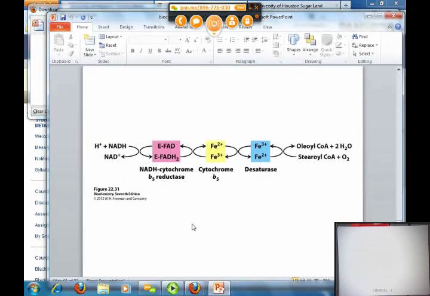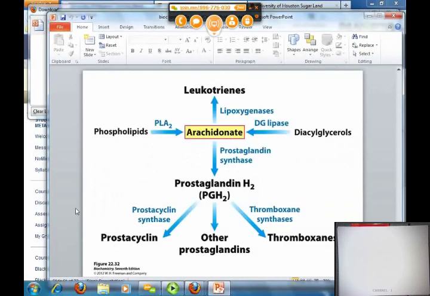And here is the process of electron transfer. And this is the interesting part with the leukotrienes and lipoxygenase and prostaglandin synthase. This is prostaglandin synthase with prostacyclin, other prostaglandins, and thromboxanes, which are some of the products from arachidonic acid.